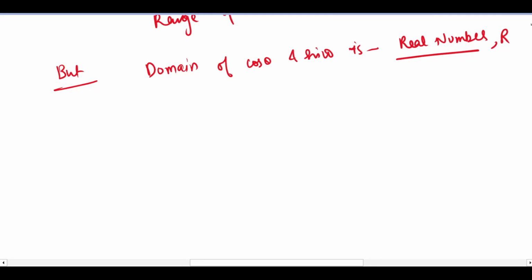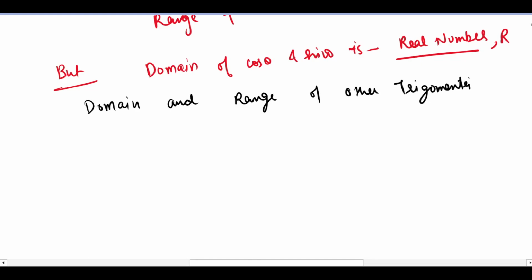So we have the domain and range of other trigonometric functions.